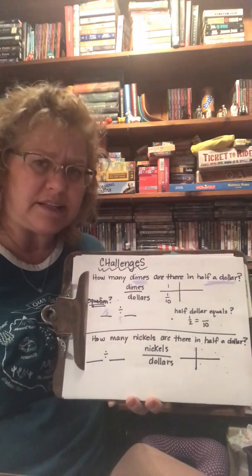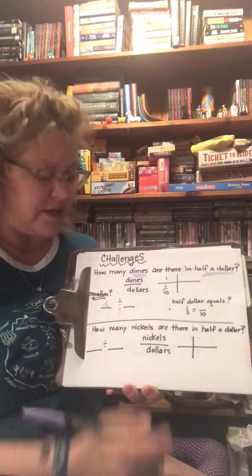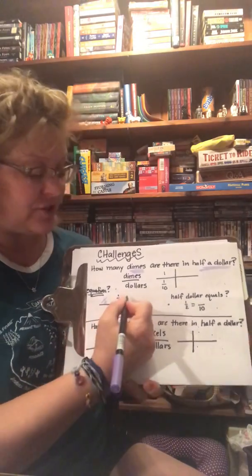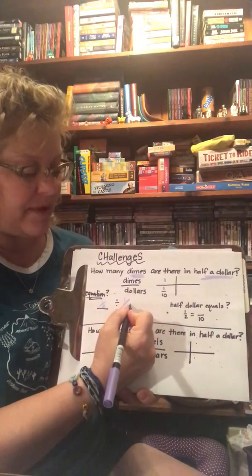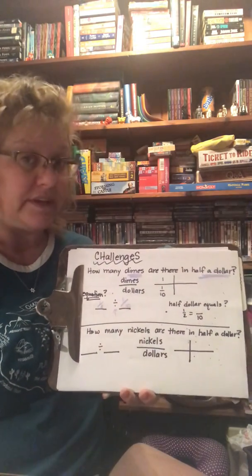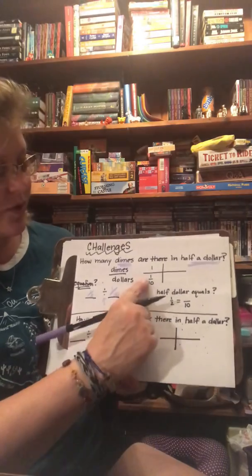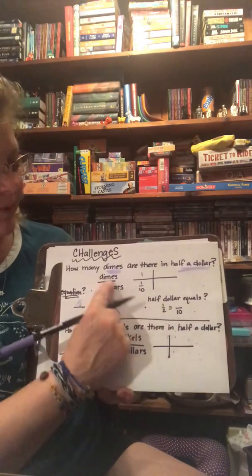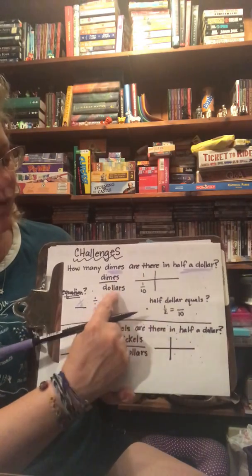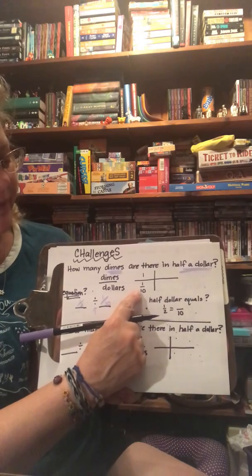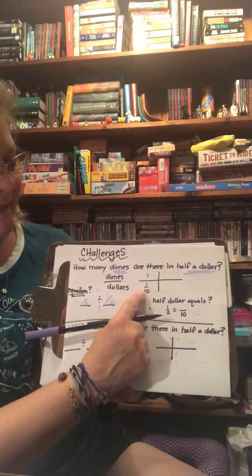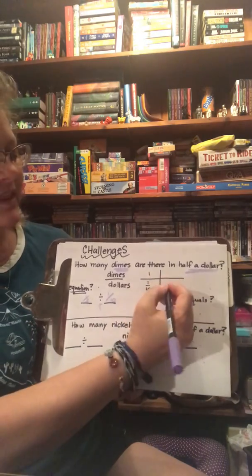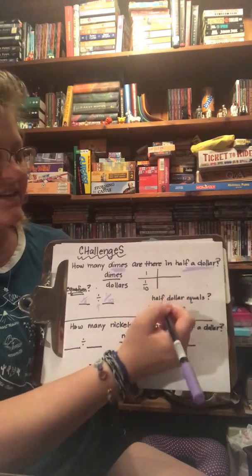So I want to take a half a dollar and I want to break it down into dimes. What do you remember about a dime? A dime is worth how much? We're putting these in fractions, so I need to have that dime in a fraction state, or 1/10, right? So here I wrote my ratio table. There is 1 dime equals 1/10 of a dollar, right? I don't want this to be $1.